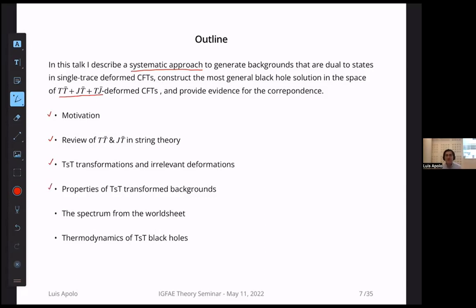And by looking at these backgrounds, we will get many hints that these backgrounds have something to do with TTbar and JTbar. And then I will provide two evidences for the correspondence. There's a perturbative one, which will be the spectrum derived from the worldsheet, and there will be a non-perturbative one, which will come from studying the thermodynamics of what we call TsT black holes.